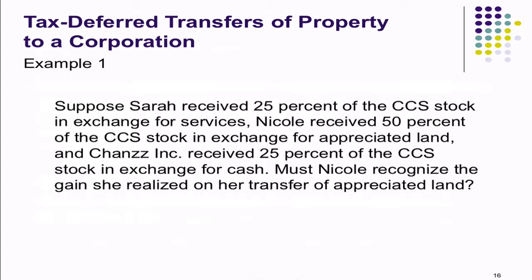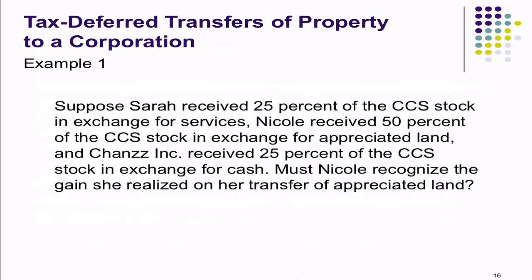So if you look at my example here, what we have is two people and a corporation: Sarah, Nicole, and Chan's Inc. Okay. Sarah gets 25% of the new corporate stock in exchange for services.